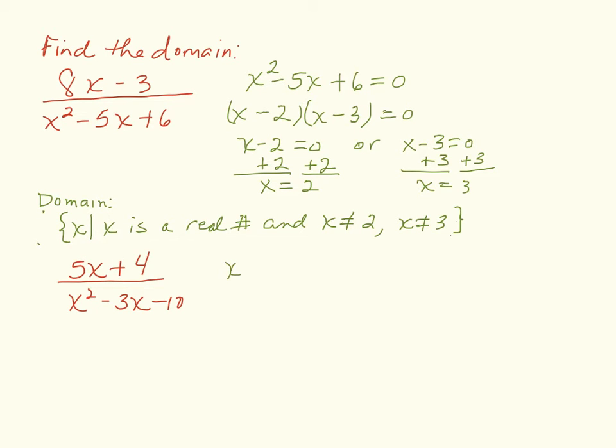Want to find the domain? Set the denominator equal to 0. So we have x squared minus 3x minus 10. So what makes that a 0? Set it equal to 0 and then solve the equation.